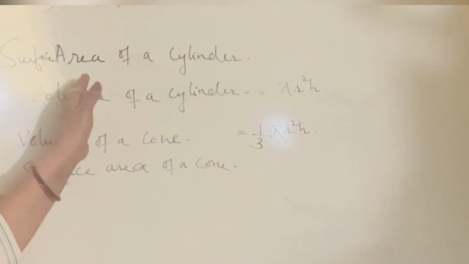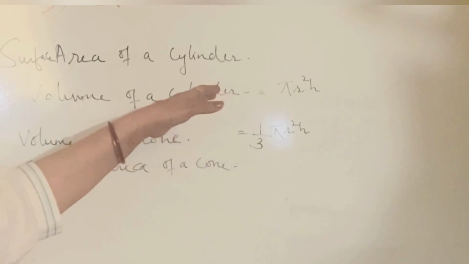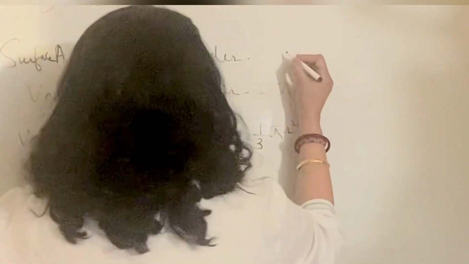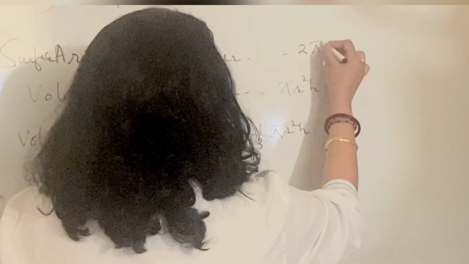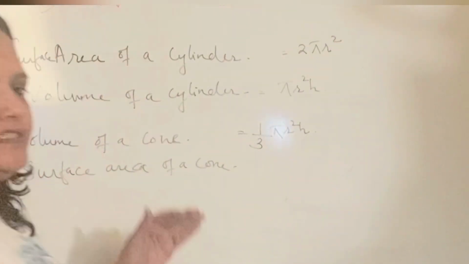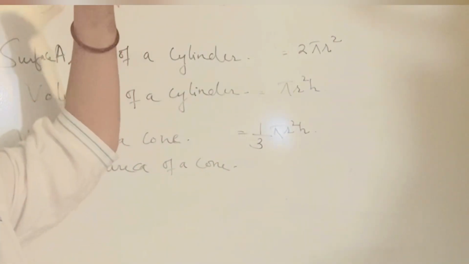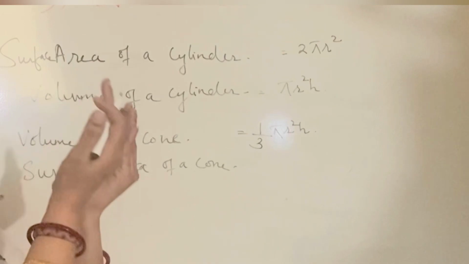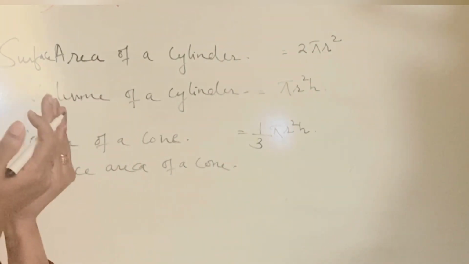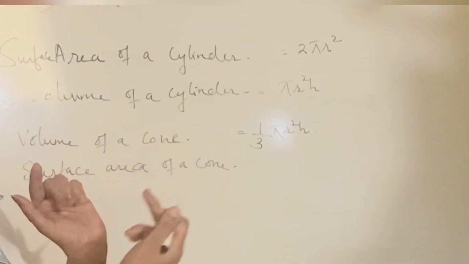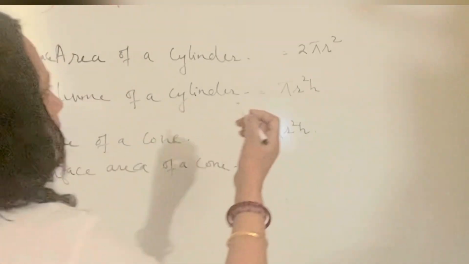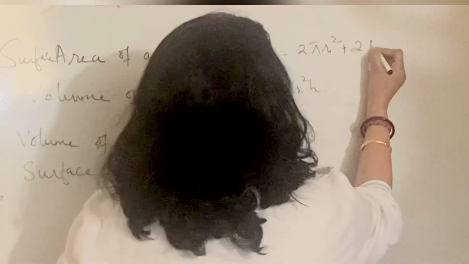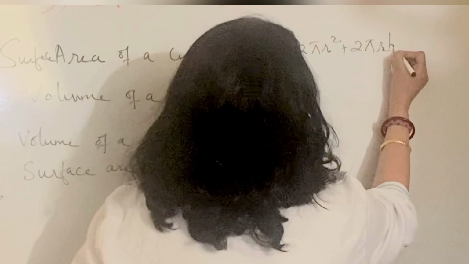Okay, and the surface area of the cylinder is 2 pi r square, because for surface area, remember, area of the top circle, area of the bottom circle, and the curved surface area. Now curved surface area was what? The circumference times height. So circumference was 2 pi r and height is h.